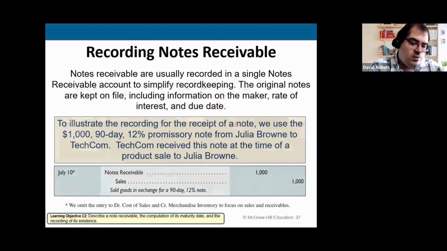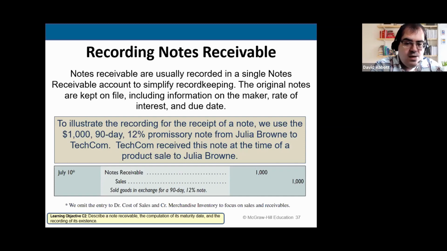Recording notes receivable. Notes receivable are usually recorded in a single notes receivable account to simplify record keeping. To illustrate the recording of a receipt of a note, we use the $1,000, 90-day, 12% promissory note that we've been discussing. TechCom received this note at the time of a product sale to Julia Brown.